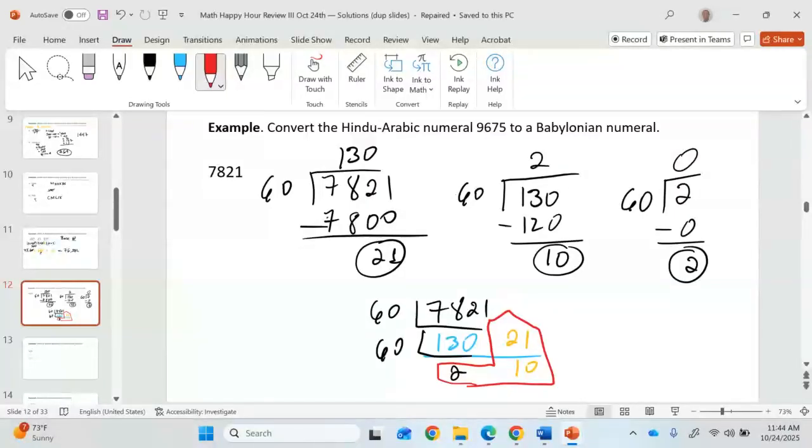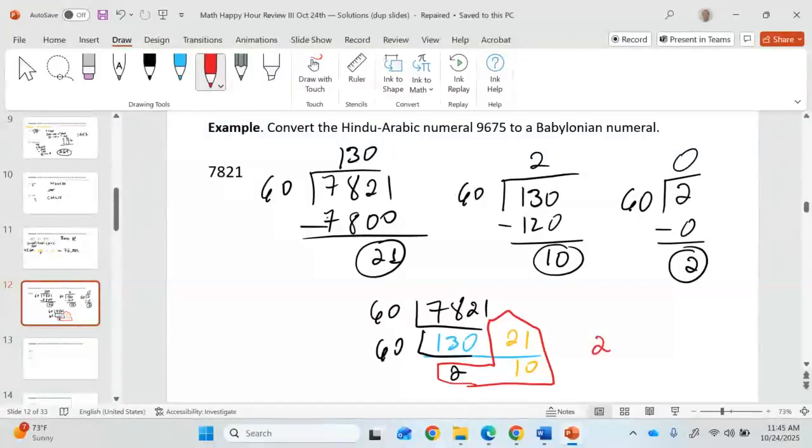So this number in Hindu Arabic would be, I'm gonna write down 2. Well, actually, the way that it appears is probably the best way. So I will write down each one of them from bottom to top. I'm gonna write it in this way.